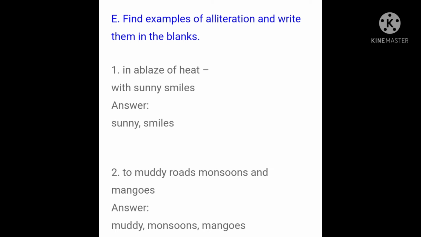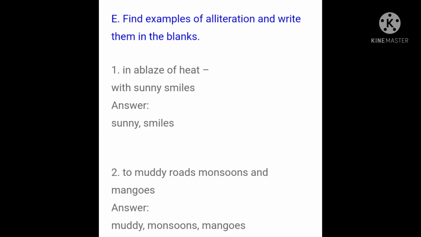Look into question number 1. In a blaze of heat with sunny smiles. In these lines, sunny and smiles, check the starting letter. Both have S and S, which means the consonant letter is repeated. So we can mark these words as alliteration. Coming to question number 2. To muddy roads, monsoon and mangoes.